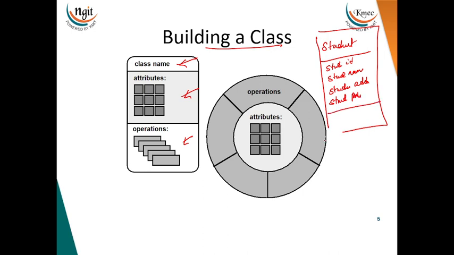What are its operations? Coming to class, having a canteen, going to the canteen. These are its operations. So I have got the name, the attributes, and the operations. It can be represented like this also. This is what your class is.